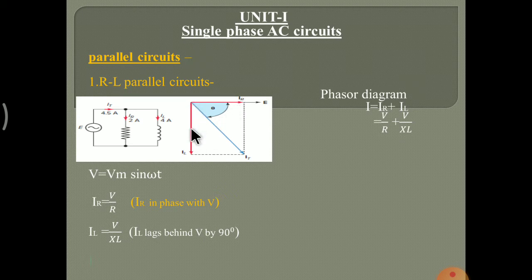Then IL is 90 degrees lagging to the voltage line, so draw this line IL 90 degrees lagging to V. Then draw the projections from IR and IL and you get the equivalent current I. The angle between voltage and total current is phi. Then I is lagging V by angle phi.